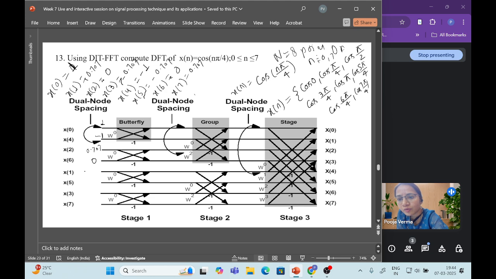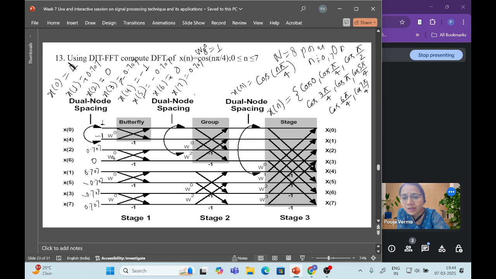Okay, x of 1 is 0.707, x of 5 is minus 0.707, x of 3 is also minus 0.707, and x of 7 is 0.707. W, and here it is 8, so it will be the 0. So the value is 1. W80 value is 1.